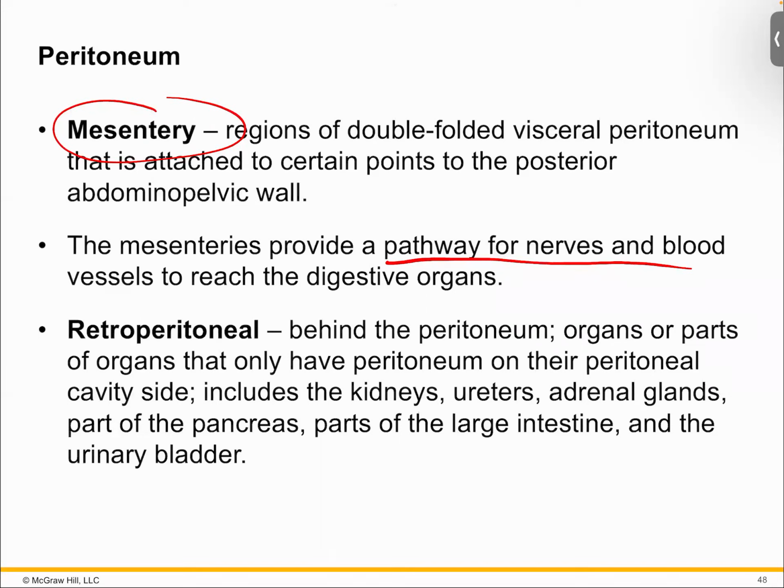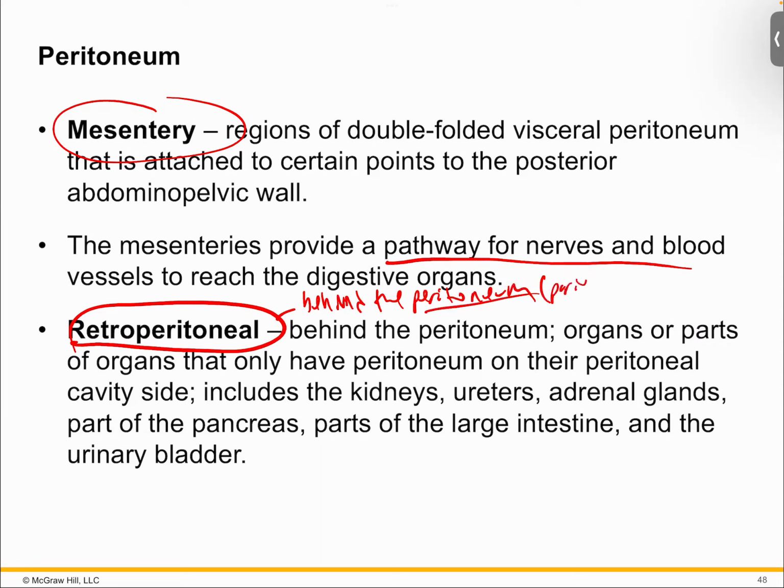Now, there's another positional concept that's pretty important, but it's not too common, and that's what's called retroperitoneal. This is a positional term, and basically what this means is behind the peritoneum. What peritoneum?